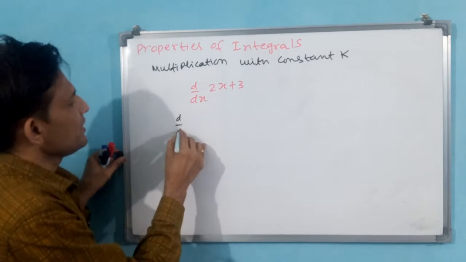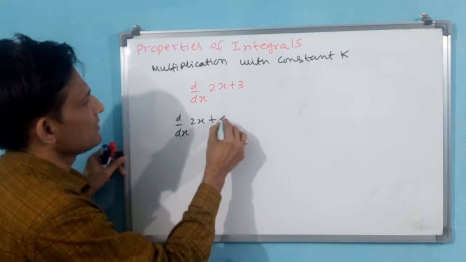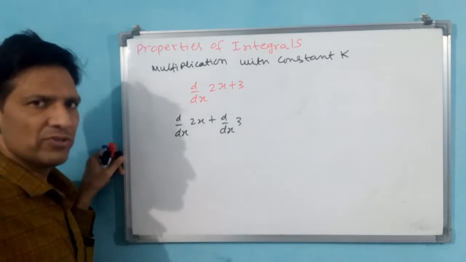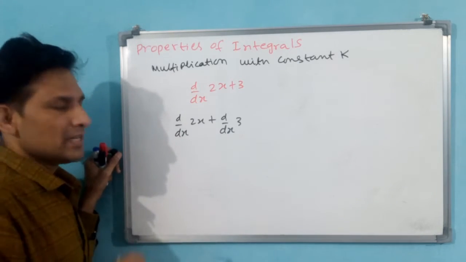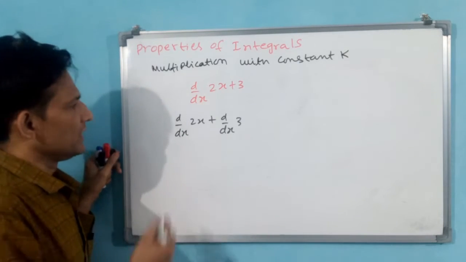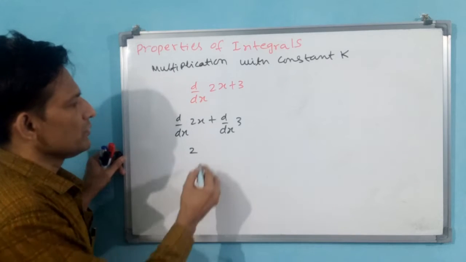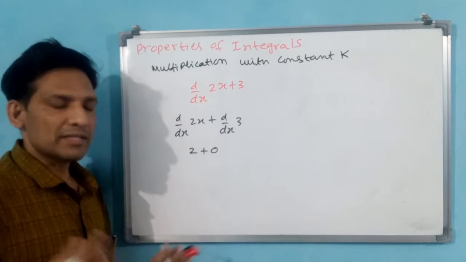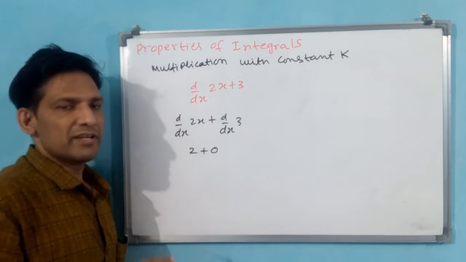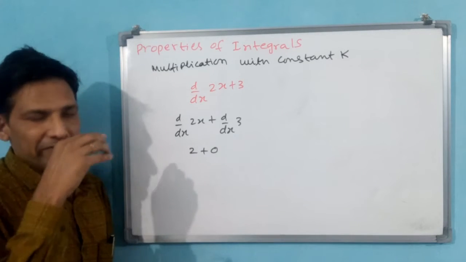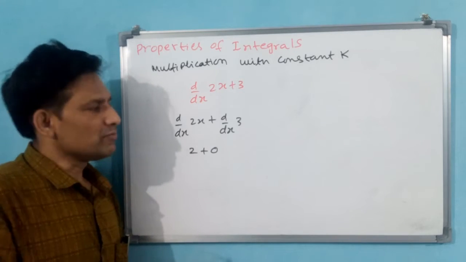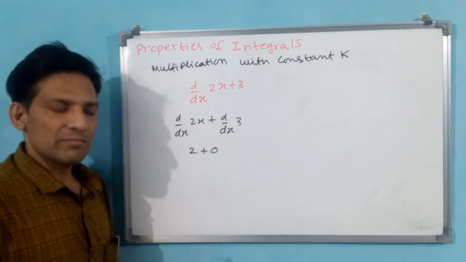What we do here, d by dx of 2x plus d by dx of 3, like this we will take. But in brain itself we do this one directly. But like this you have to take as per procedure. d by dx of 2x is 2 plus d by dx of 3 is 0. Why? Because constant doesn't have any change in derivative. Rate of change will not be there. That is why this is going to become 0.